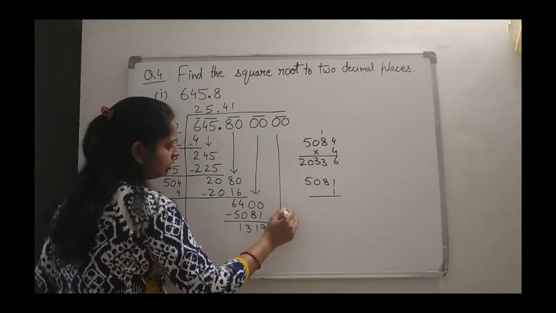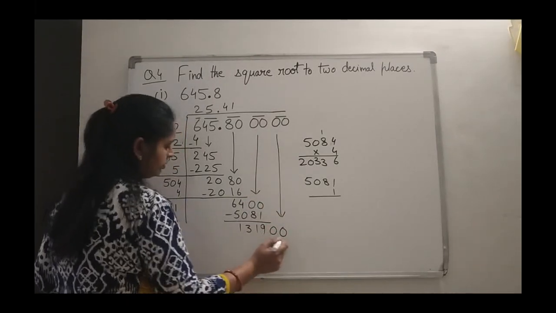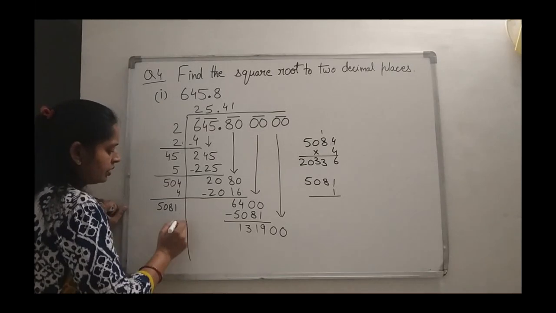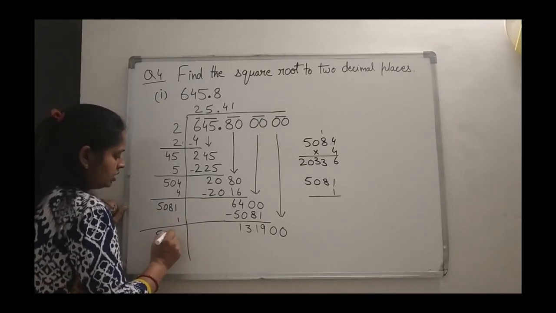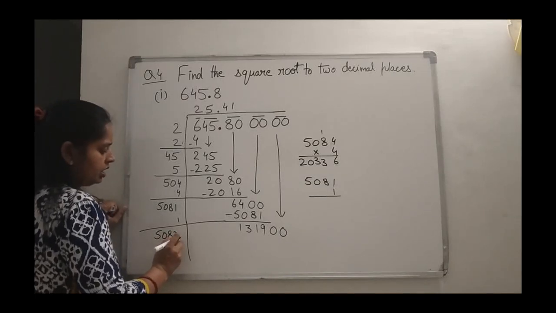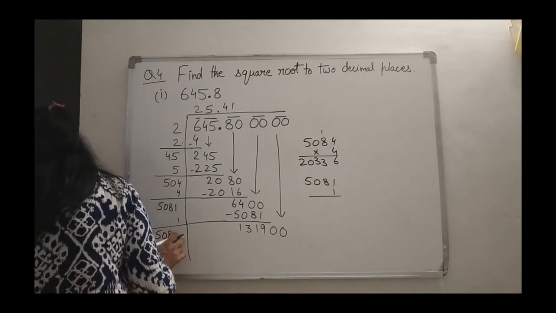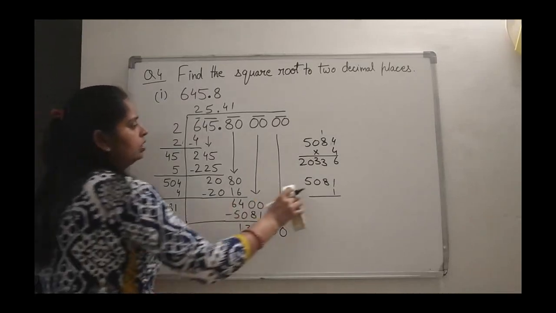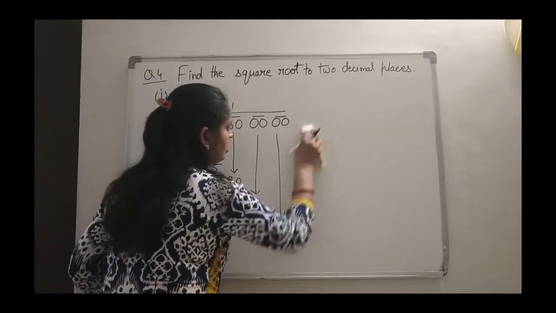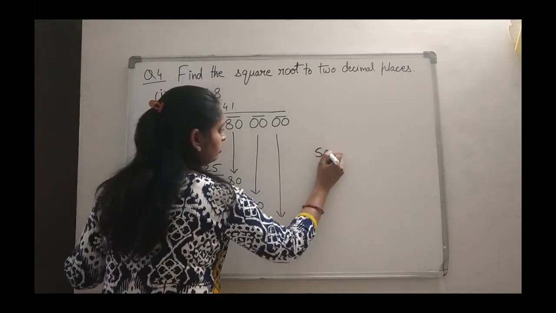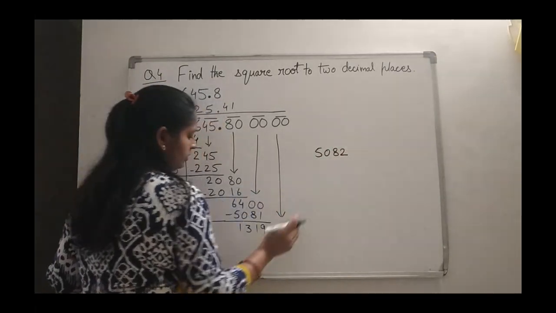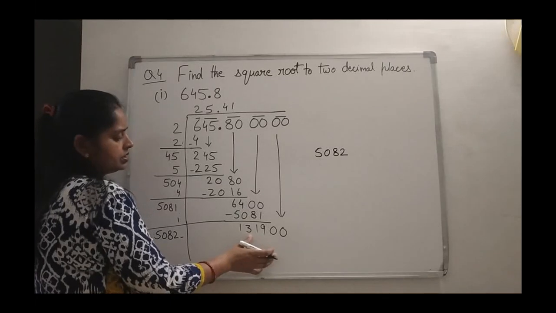Again put the next pair down, and here 1 will be added. So 5, 0, 8, 2. And now one more digit entry we have to do here. So what will that be? Just see. 5, 0, 8, 2 I am having, and this is 13.